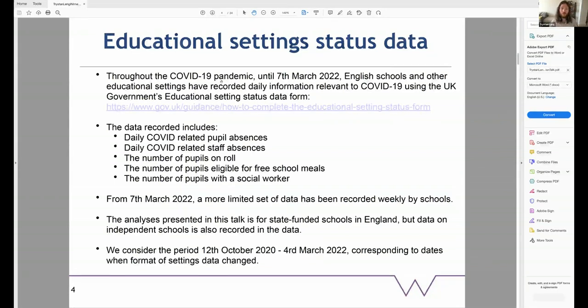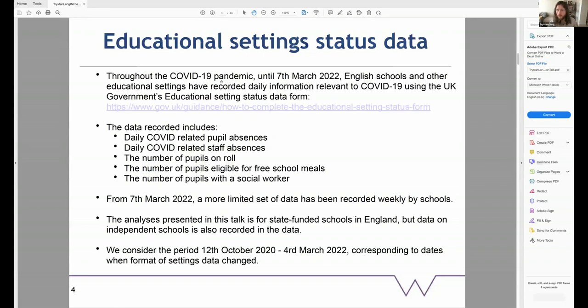The data recorded includes daily COVID absences in pupils, daily COVID-related absences in staff, but also broader indicators about the school, for example the number of pupils on roll, the number of pupils eligible for free school meals, and the number of pupils with a social worker. Since then the data has been rolled back and now a more limited set of data is recorded weekly.